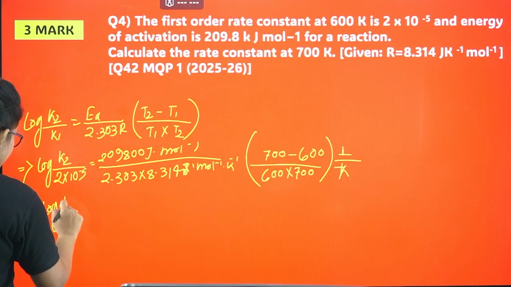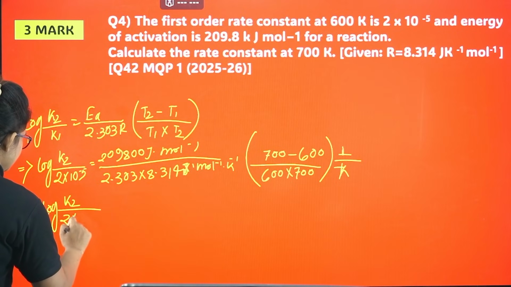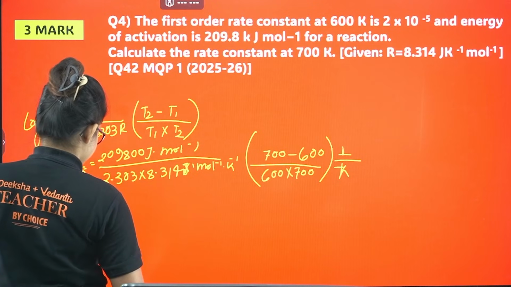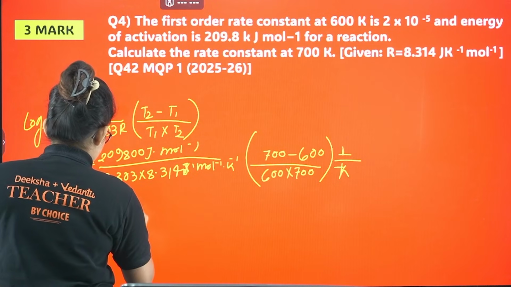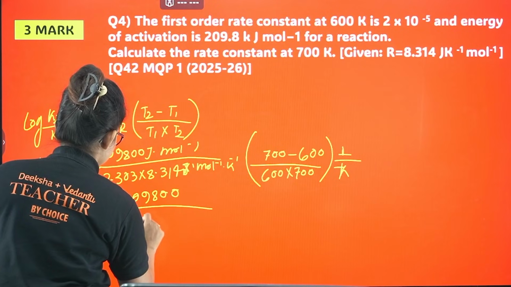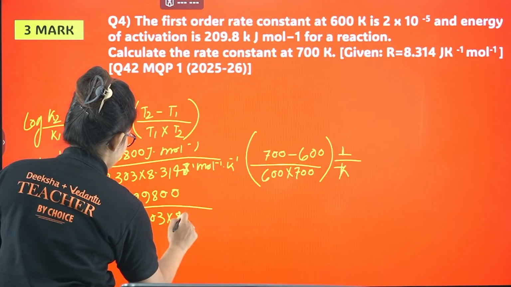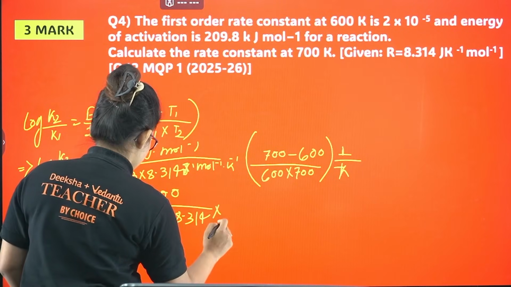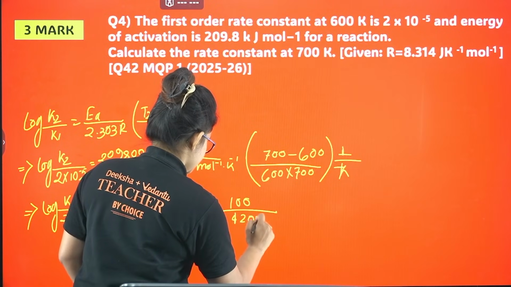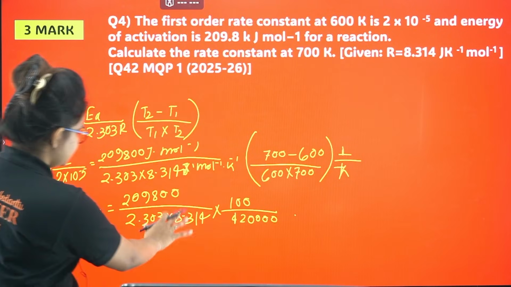So log K2 by 2 into 10 power minus 5 is going to be something 209,800 divided by 2.303 into 8.314 into 100 by 421,234. Okay, this is the thing you will get.